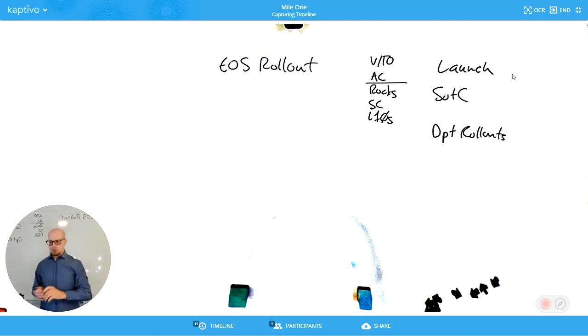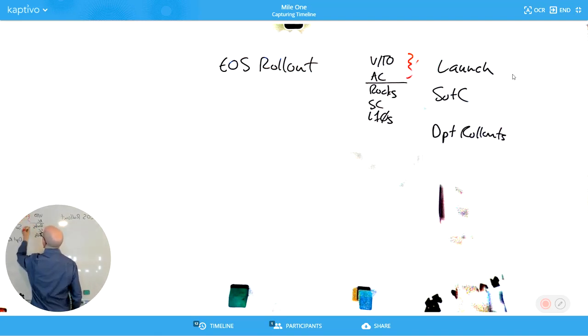And I need my red marker, which you guys know I can't do anything not in the right color. The way this differs now is that how we roll out 2 of these is different from how we roll out 3 of them. These 2, the accountability chart and the VTO, are rolled out corporately, and these 3 are rolled out by department.